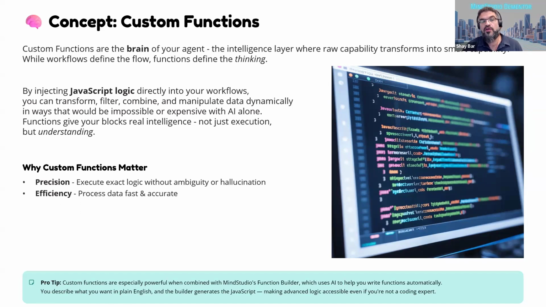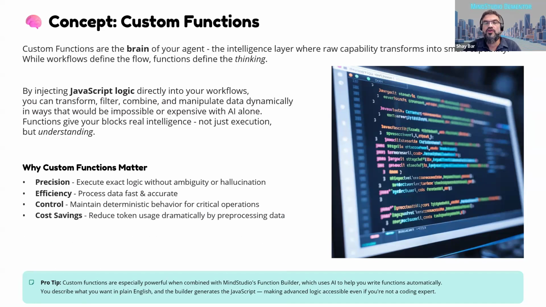Creating functions is not only for integrating with other platforms, but I'll demonstrate in a second that I can even alter data, and it's very, very fast and efficient. It doesn't cost you anything. Running a function in MindStudio costs $0. And if you're only altering data, you don't need to use an AI model for that.